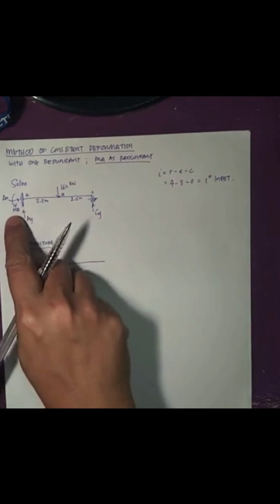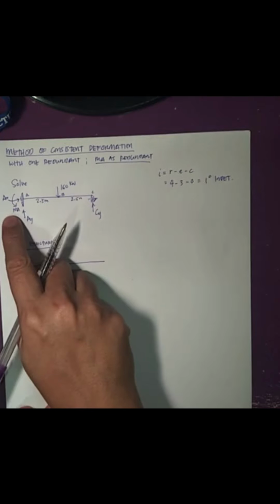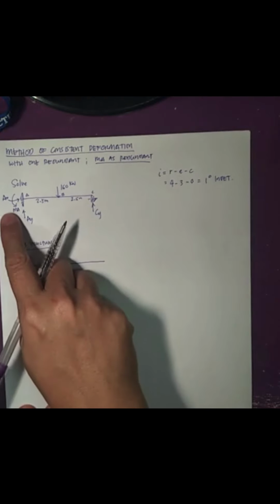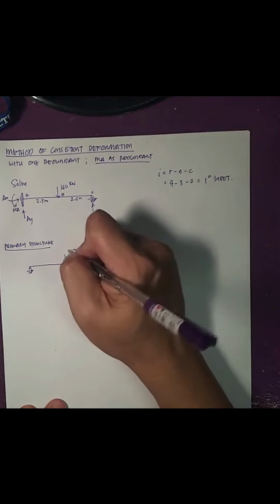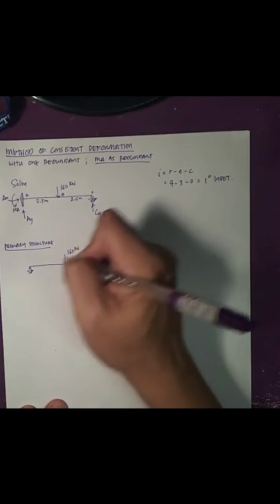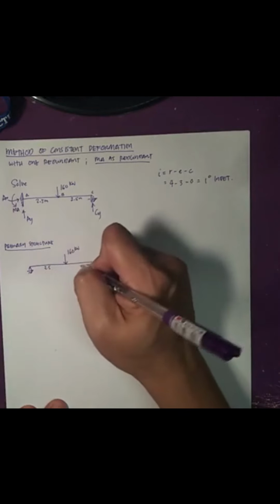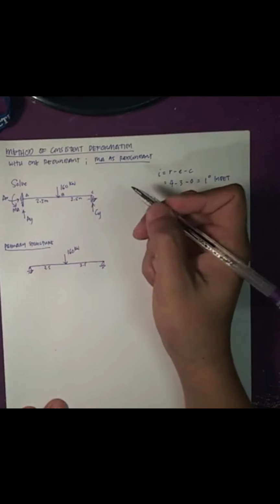If we remove the redundant moment at A, there will be no resisting moment there, so the beam will become a pin or a hinge. From a prop cantilever, it will become a simple beam. We'll just copy the original load, 160 kilonewtons, with 2.5 meters and 2.5 meters.